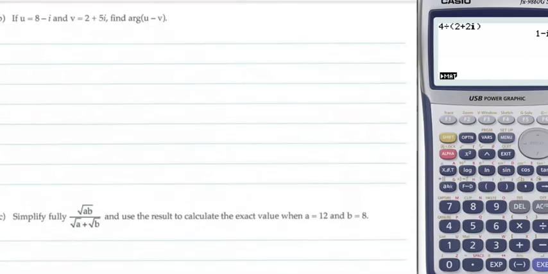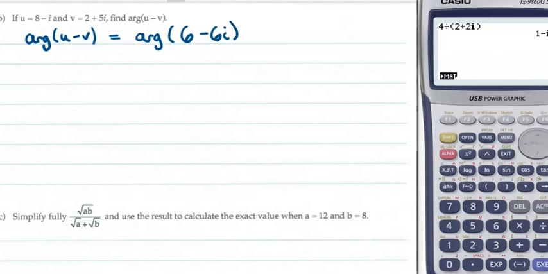Okay, part B, we want to find the argument of u minus v, which is to do the argument of, well, 8 minus 2 is 6, and minus i minus 5 is minus 6i. Well, that makes an isosceles triangle. If we think about where it is on the Argand diagram, it's at 6 and 6.